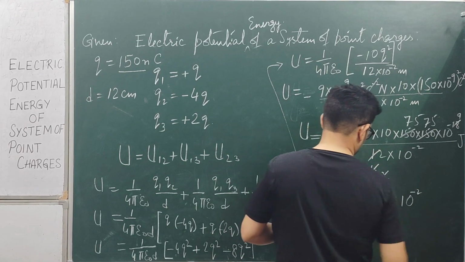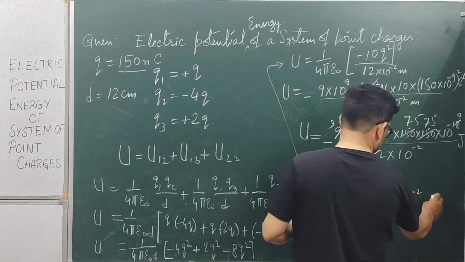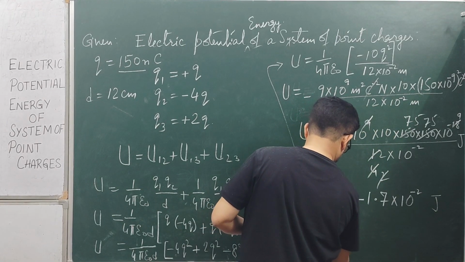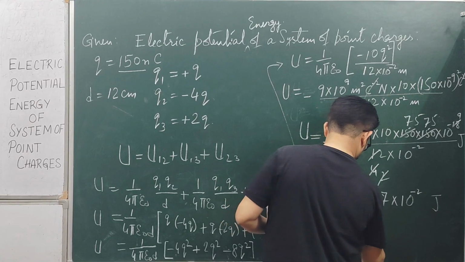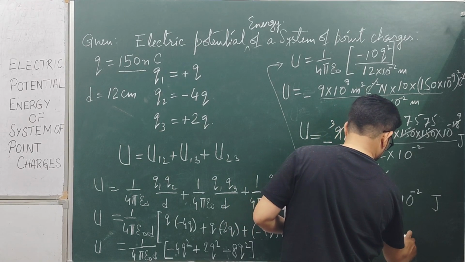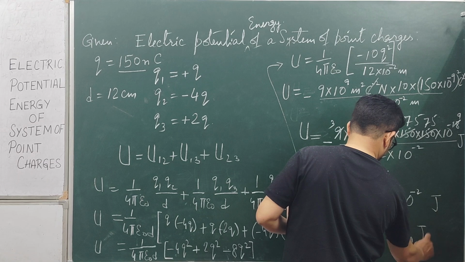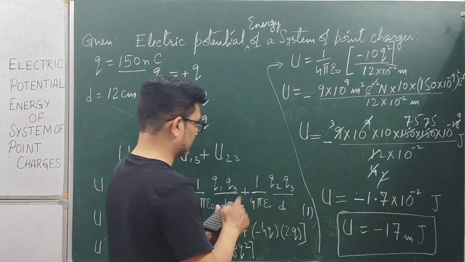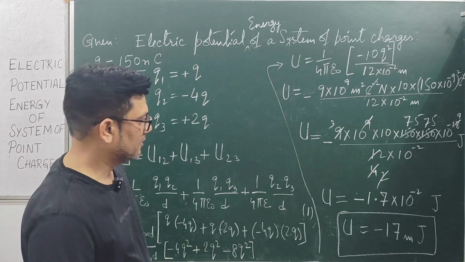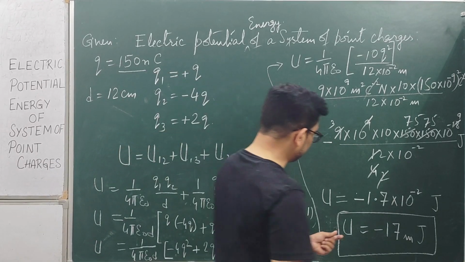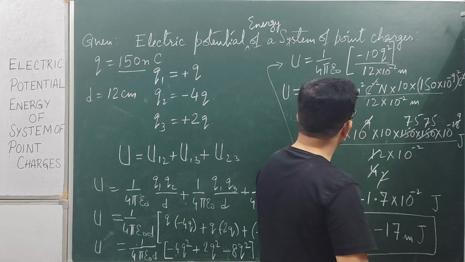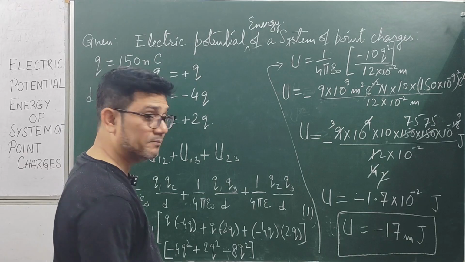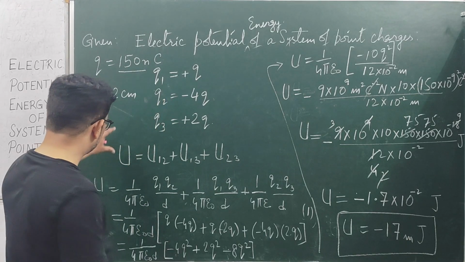So this is in joule, and we can express this in millijoule to be minus 17 millijoule approximately when we calculate. So this is what we get after getting our calculations done. So it comes out to be 17 millijoule in terms of millijoule.